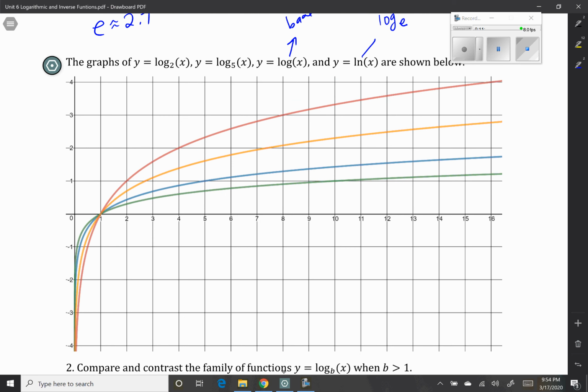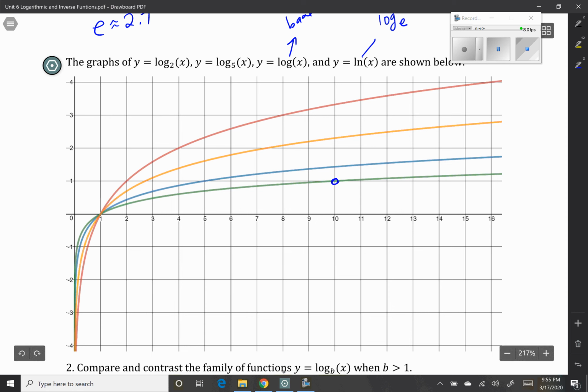When we graph an exponential function, we're able to identify which one is which because the steeper exponential function usually has a larger base. Like if I asked you to graph 2 to the x and 5 to the x, you'd be able to identify which is which. Well, here we can identify our logarithms pretty easily by just looking at where the logarithm is at 1.